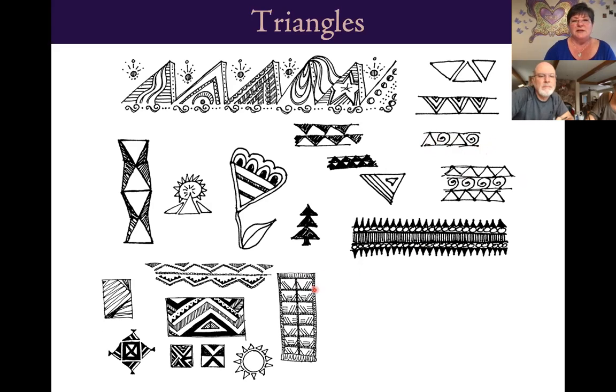And then here are some additional patterns with circles, making the triangles with circles, using lines to make kind of a triangular shape. Using a sun and making the rays of the sun out of triangles. You can use just lines to make, like, this is kind of a bookcase feel, but you can use lines that create more of a modern triangle, a very clean line, very minimalist kind of triangle.